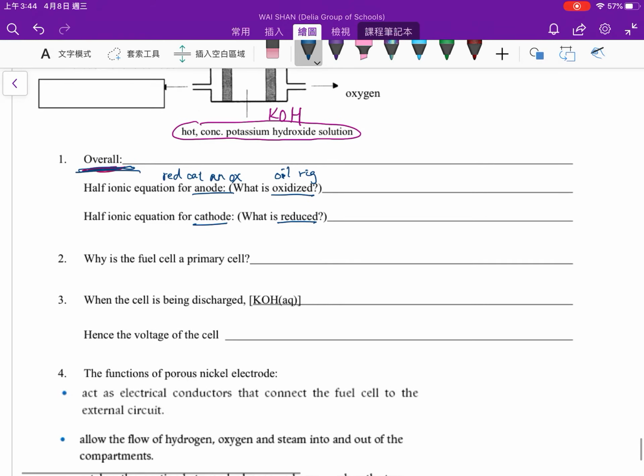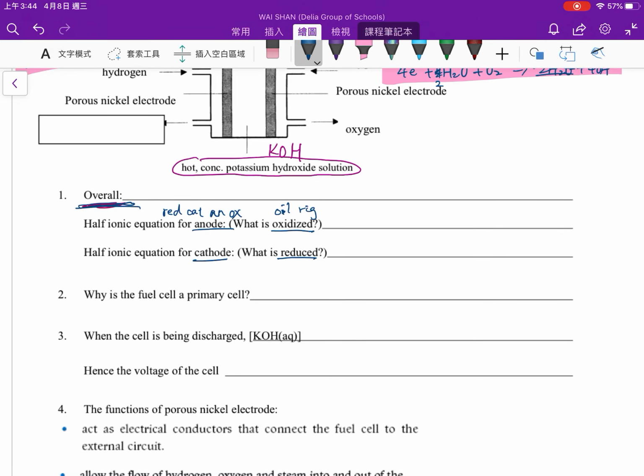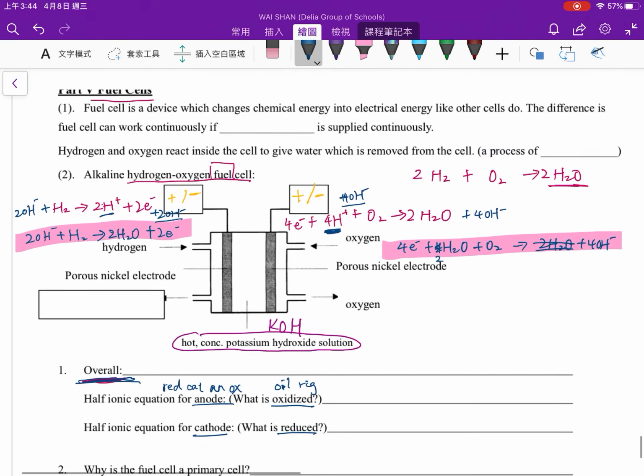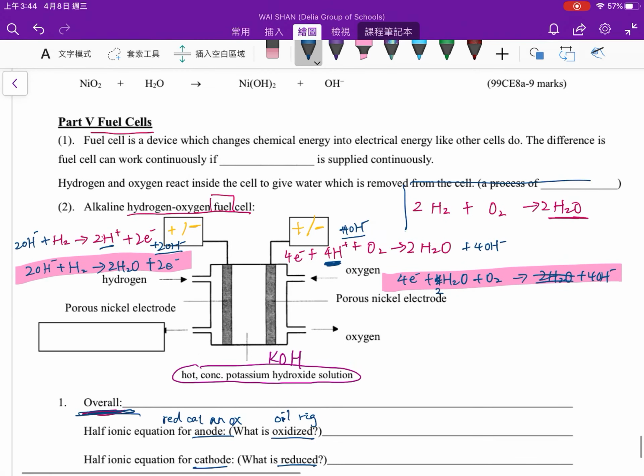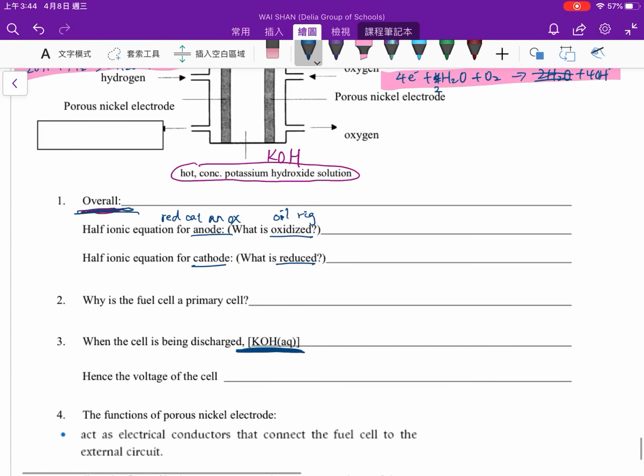One more point that you have to consider is the concentration of KOH. Look at the overall chemical equation here. Is any potassium hydroxide involved? No, right?